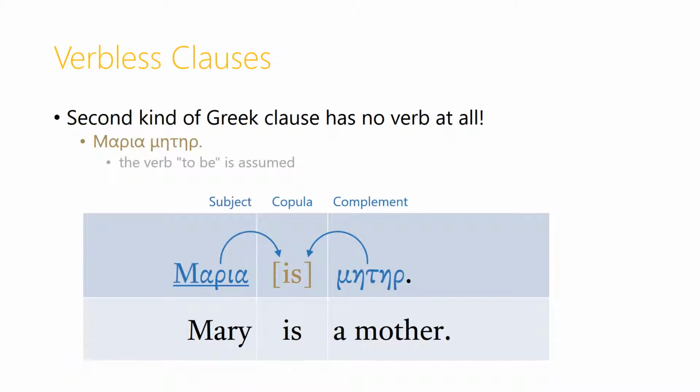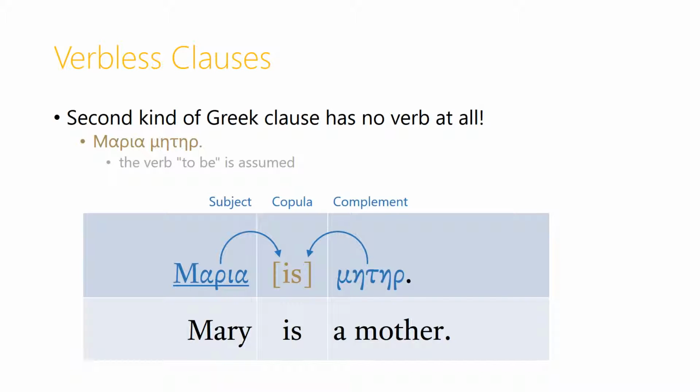Now there's another kind of clause in Greek that we're actually going to be using a lot more to begin with, because we're not going to learn verbs for another few badge sets in Paideia. And so verbless clauses actually have no verb at all. At least there's not one explicit. So we can have a sentence or clause made up entirely of nouns, like this one, Maria Mater, Maria mother.